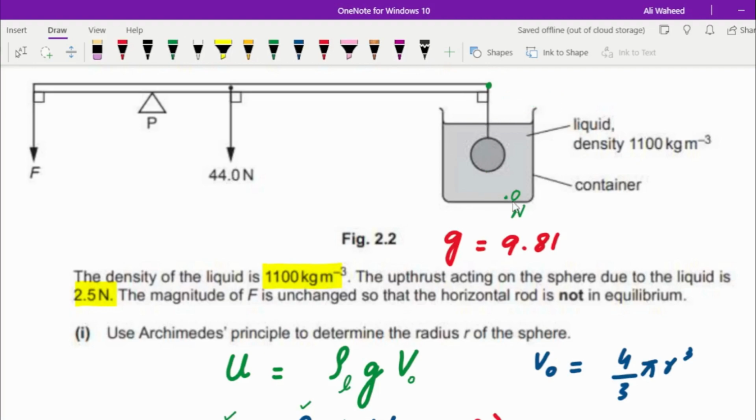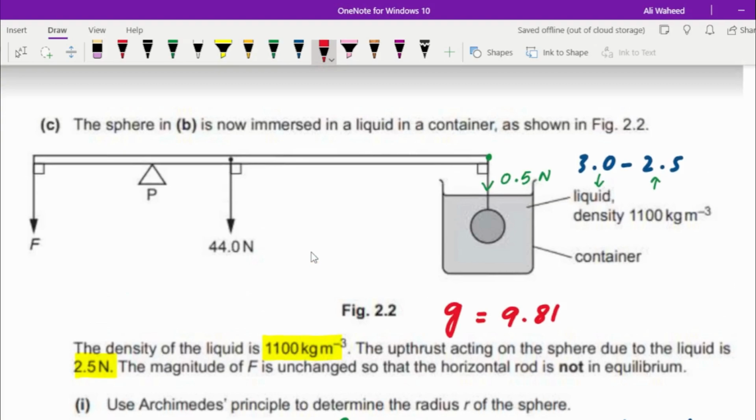How do we get it? 3.0 minus 2.5. 3.0 was downward, 2.5 was upward. So that's why you get a resultant force of 0.5 Newton downward.